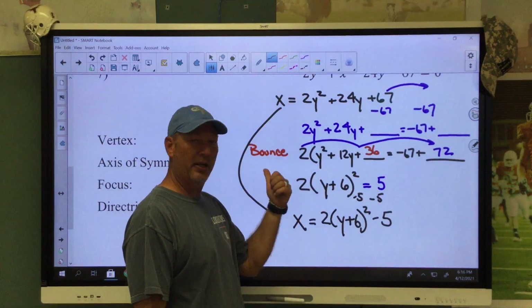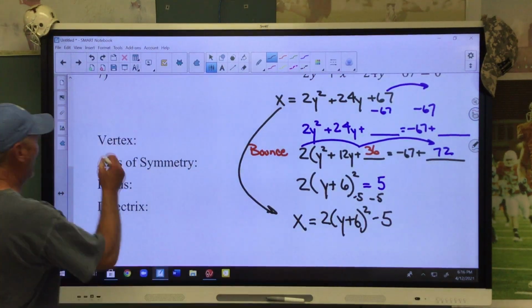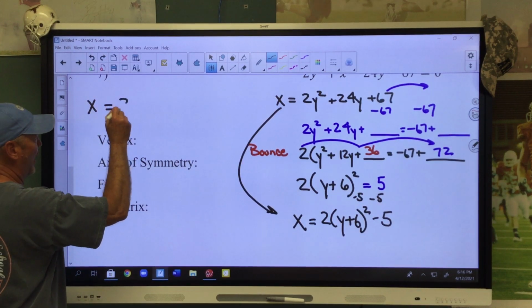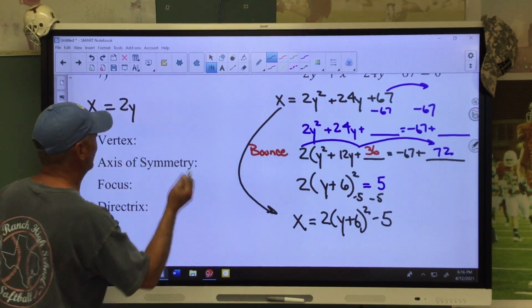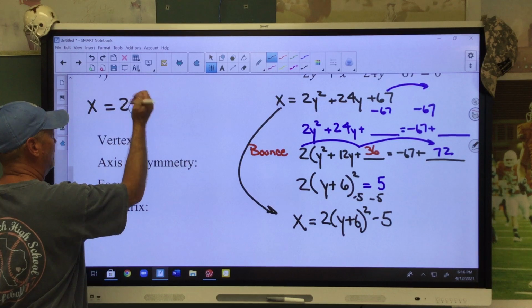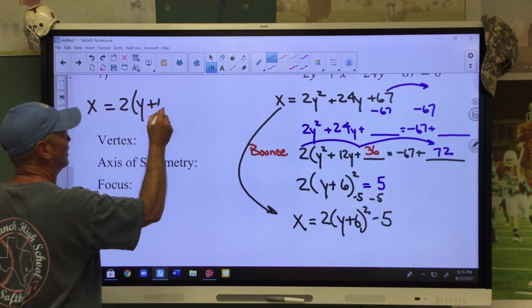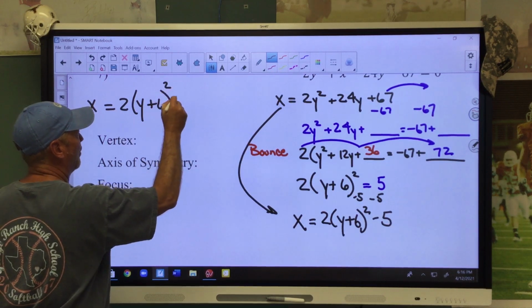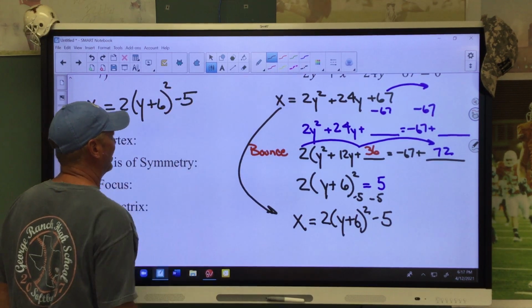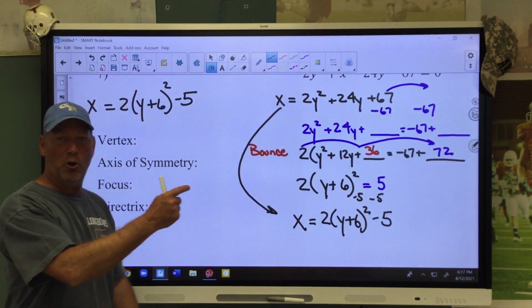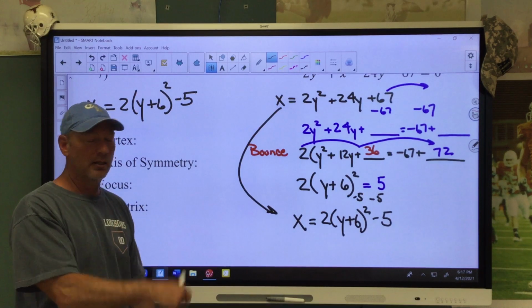So let's go back over here now. What we have: x equals 2 parentheses, y plus 6, squared minus 5. It has an x in front. Since it has an x in front, I know it's going to open left or right.